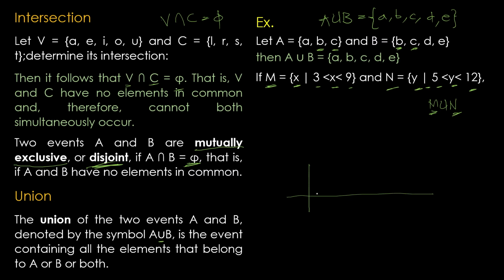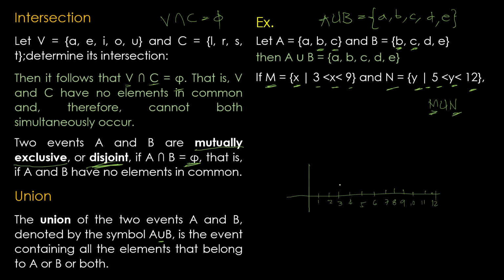Okay, so you have here 1, 2, 3, 4, 5, 6, 7, 8, 9, 10, 11, and lastly we have 12. Event M is the set of all X, wherein X is in between 3 and 9.